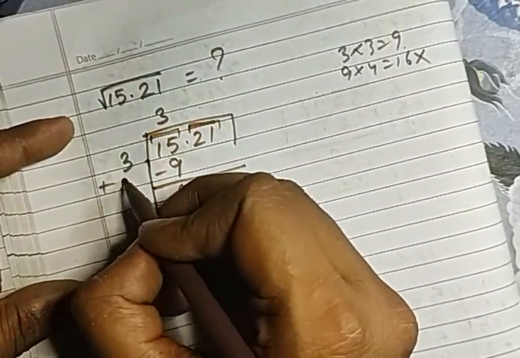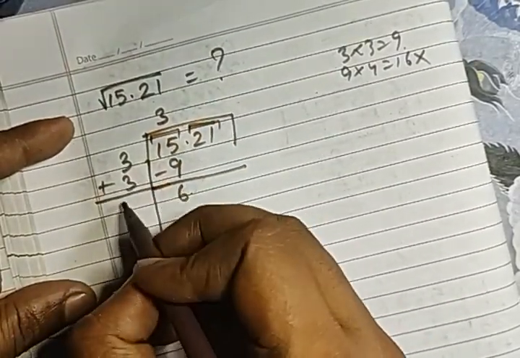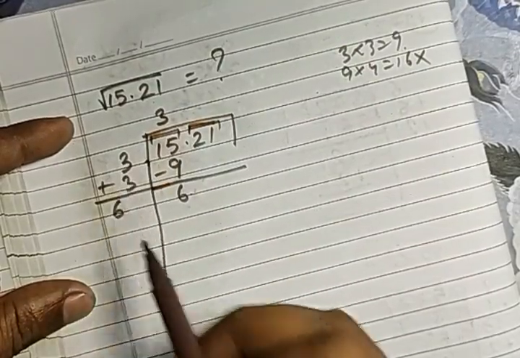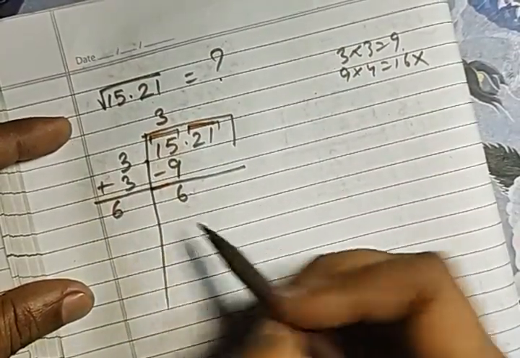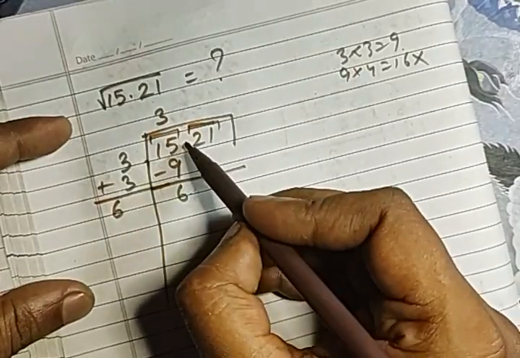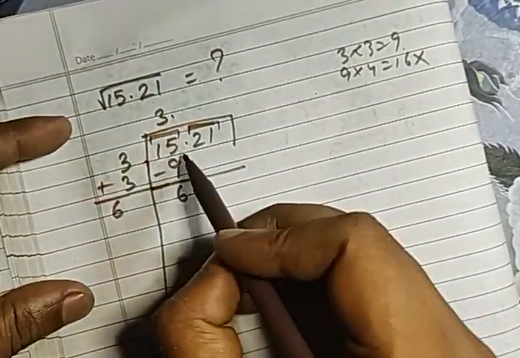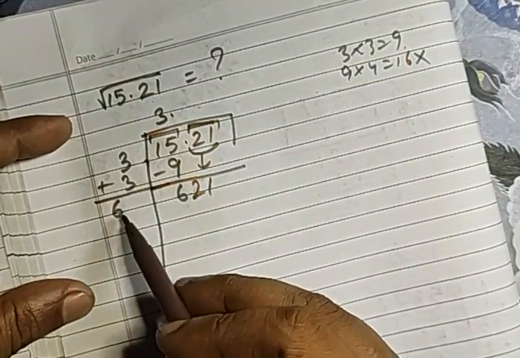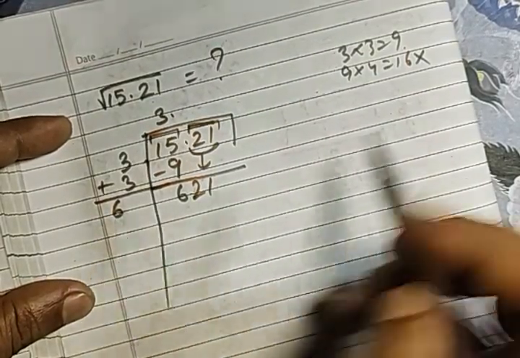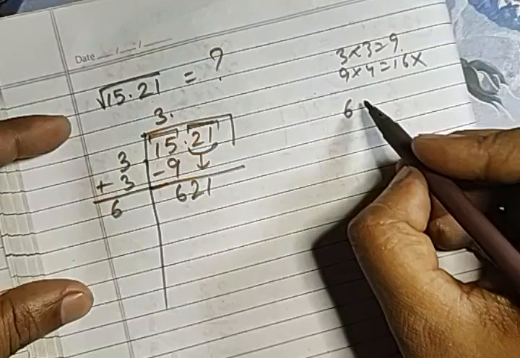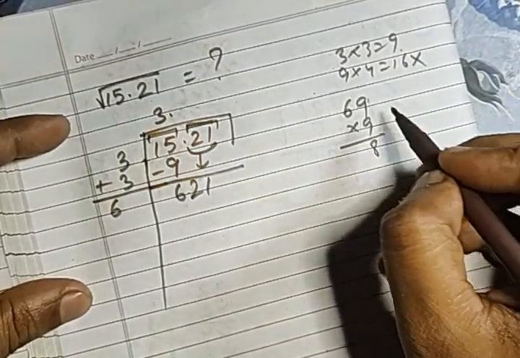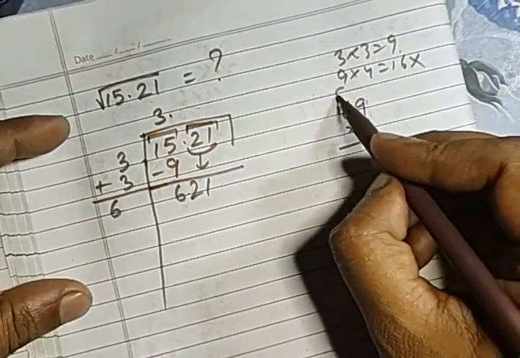Since you have multiplied with 3, you have to add also 3. So 3 plus 3 is 6. Don't forget to add here. Here you don't multiply. Okay, then 6 came over here after subtraction. Now this point will go over here, and simply this 21 will come down. So let us see how much it is going. 6 is already there, so 6. 9 9s are, let us see, 81, 1, 8 carry.